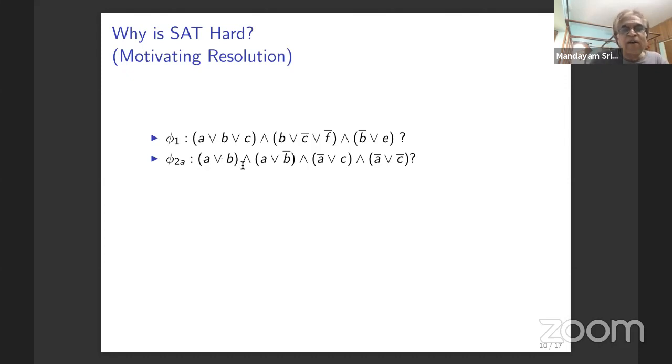No clause here has a pure literal; every literal in every clause is impure, and therefore you need to start checking whether one assignment to one of the variables interferes with the other variables.